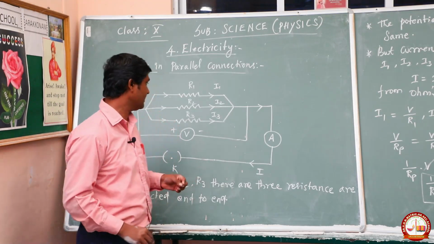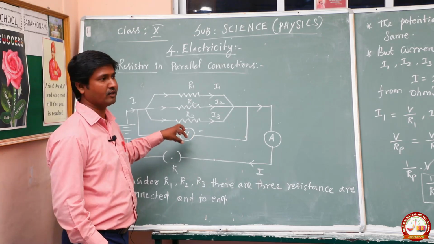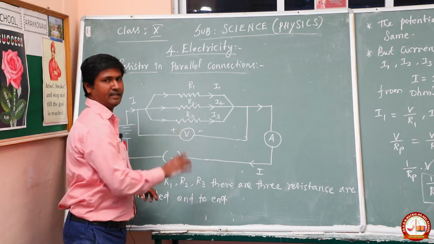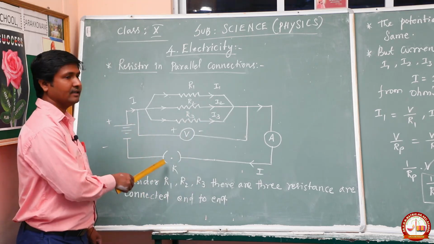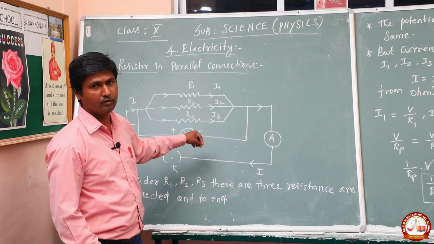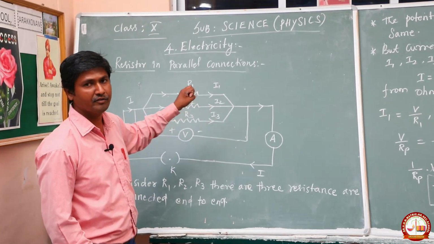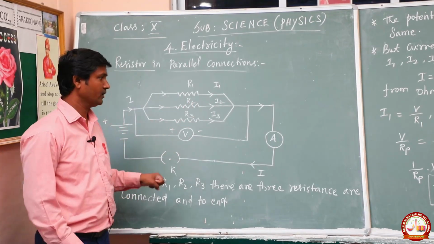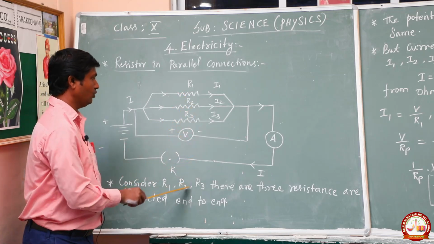So parallel connections, and a voltmeter is also connected in parallel. And a battery, key, and ammeter are also connected in the circuit. This is called the parallel connection circuit. Very important questions, neatly draw the diagram.